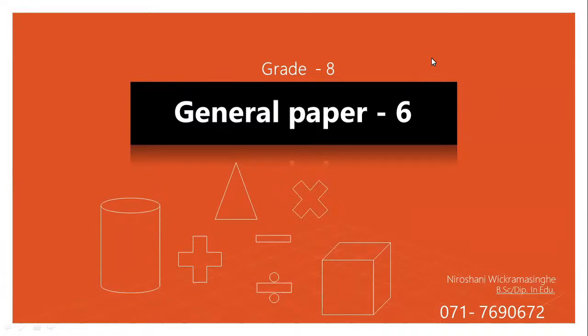Today we are going to discuss General Paper 6. In our previous sessions, I have done General Paper 1, 2, 3, 4, and 5. You have to download the paper, or if not, I will provide it to our groups. You can go to the description box and download the paper.